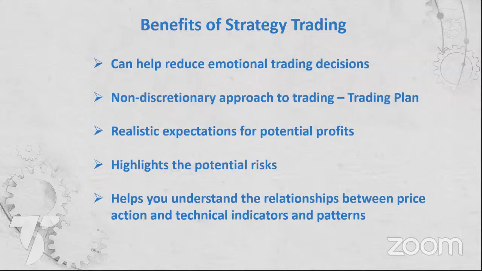And the ability to test your idea, to understand what the realistic expectations for profits are. Many traders come into this endeavor thinking that they're going to make a lot of money. They have an indicator and they have unrealistic expectations of what the risk is, what the potential profit is. And a strategy lays that out for you very nicely.